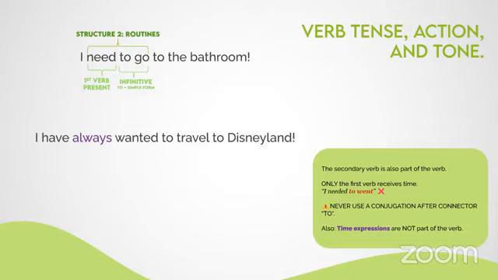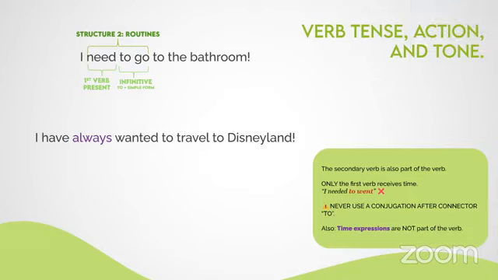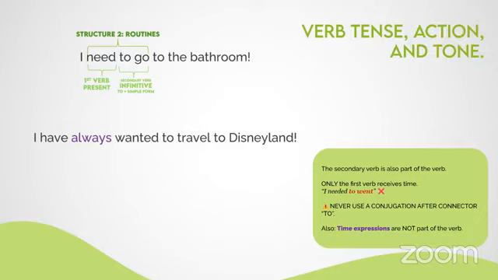And we need to find the principal verb and the secondary verb. In this case, have is the auxiliary, and then wanted to travel are the verbs. But remember, the auxiliary is part of the verb. You cannot separate them. It's together. Okay.